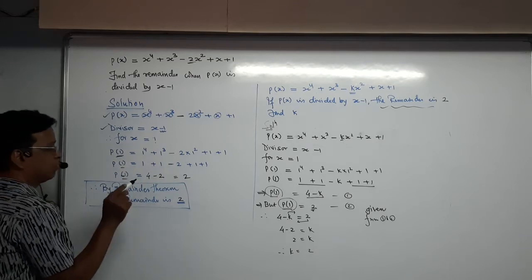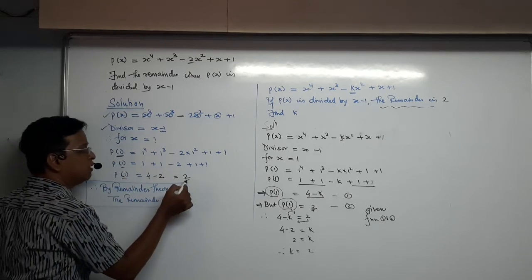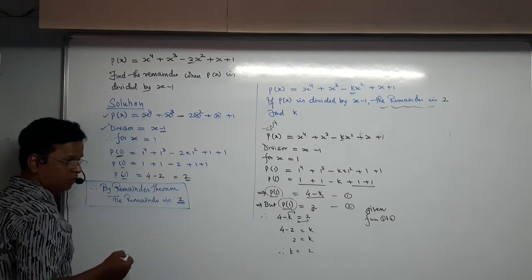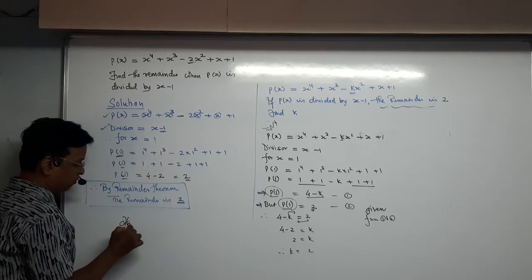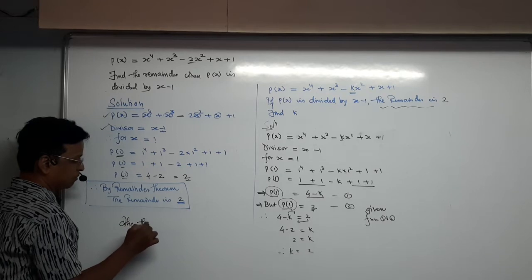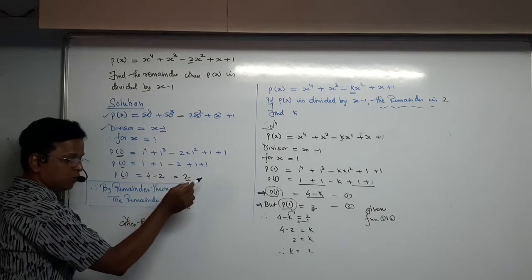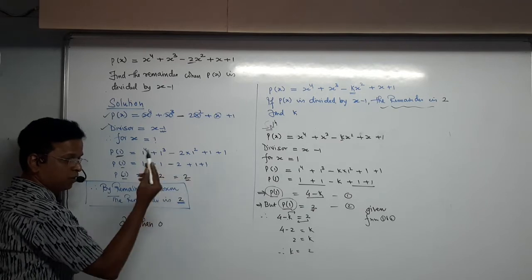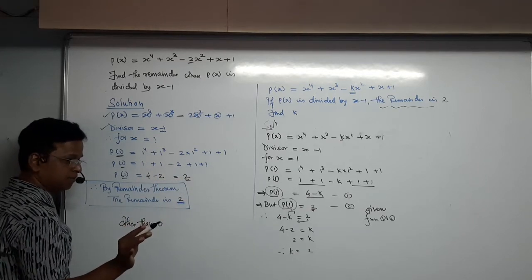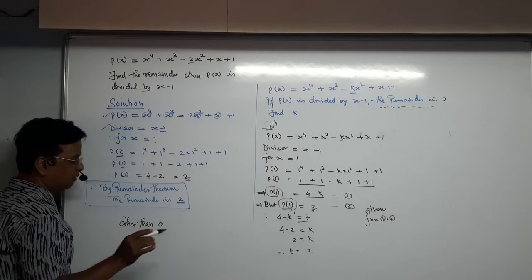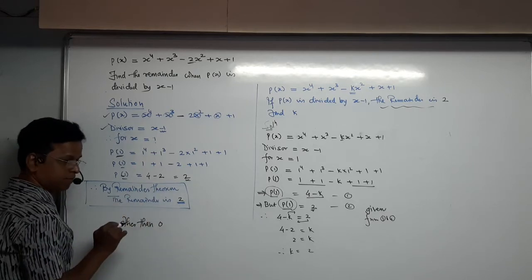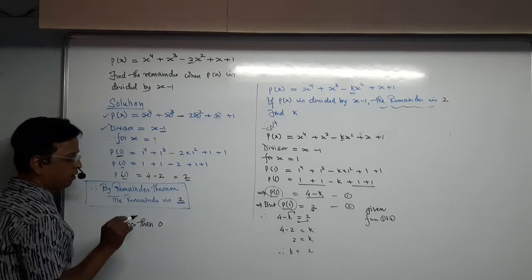Remember, if this value is any value other than 0, minus 1, minus 2, minus 24, 34, anything, then that is called the remainder. Are you getting my point?